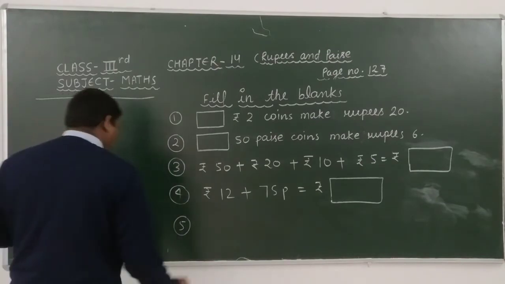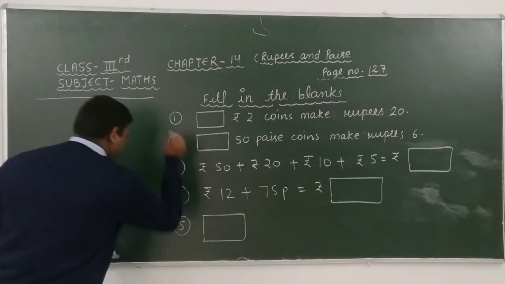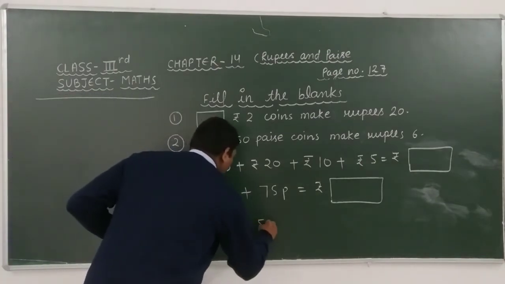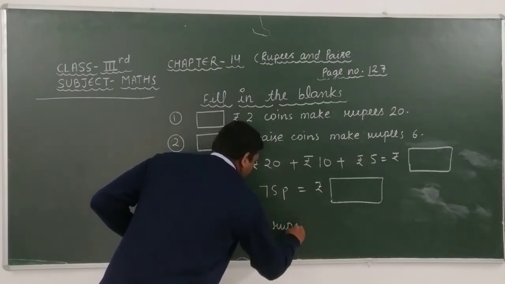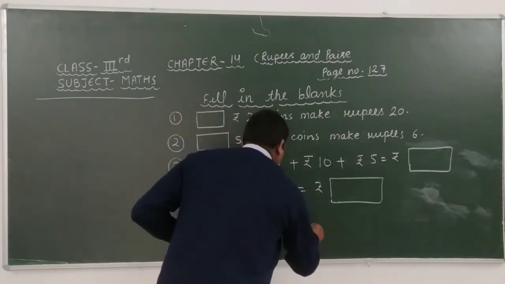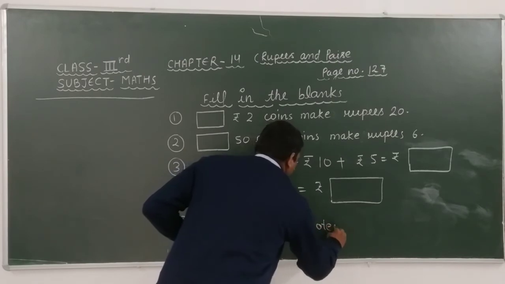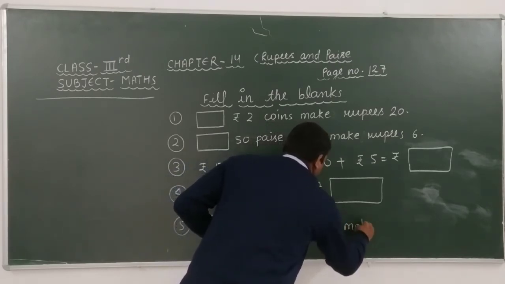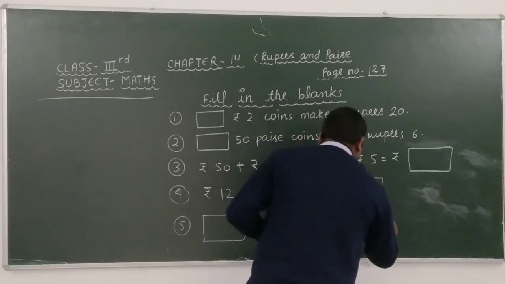And question number 5: box 5 rupees notes make rupees 100.